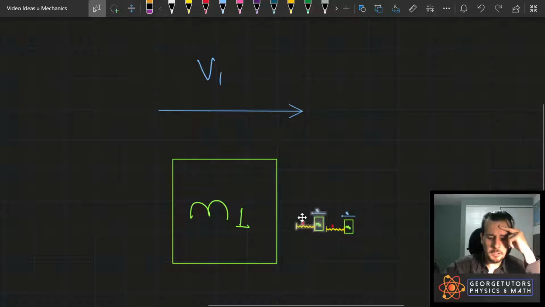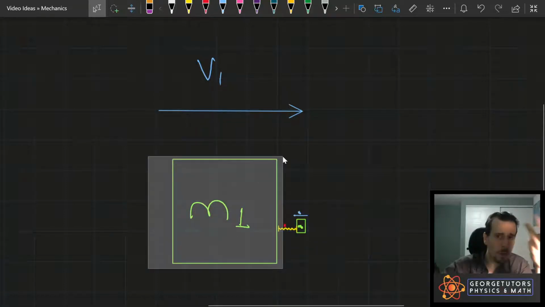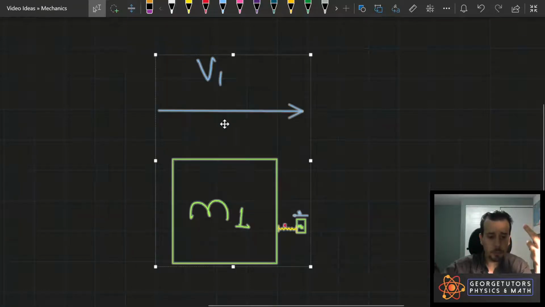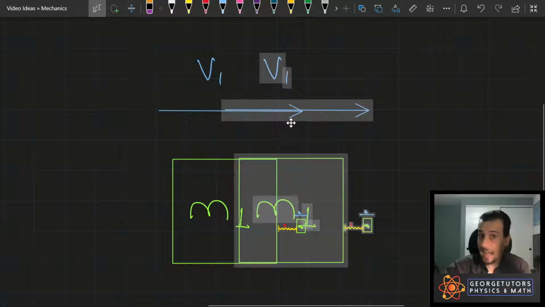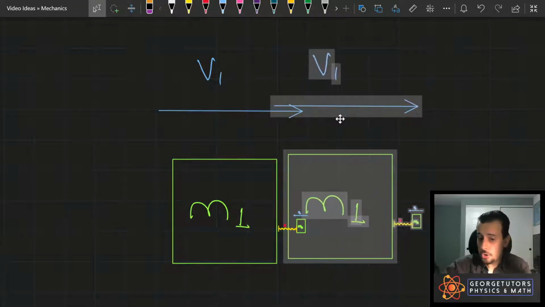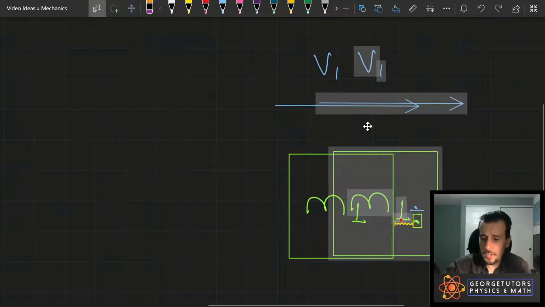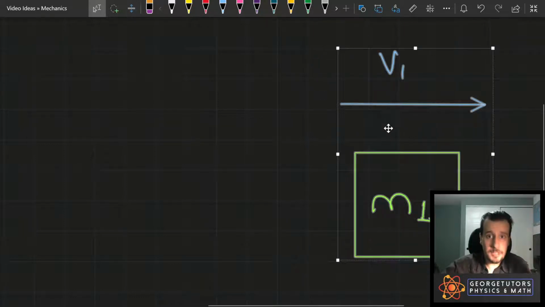So when the collision happens, M1 doesn't even realize that M2 collided with it, and everybody proceeds to the right like nothing happened at all. In this case, we can clearly see that the maximum compression will not happen when the two velocities are zero, because this will just continue going to the right, even at maximum compression.